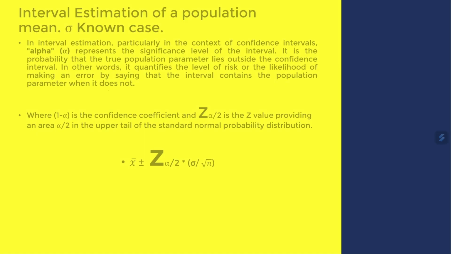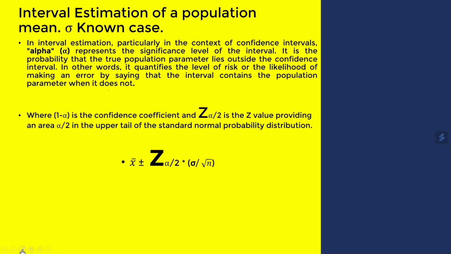Moving to the next slide, what it says. I'm not going to read this whole thing. You only have to remember this simple thing, which is our formula to calculate the margin of error.